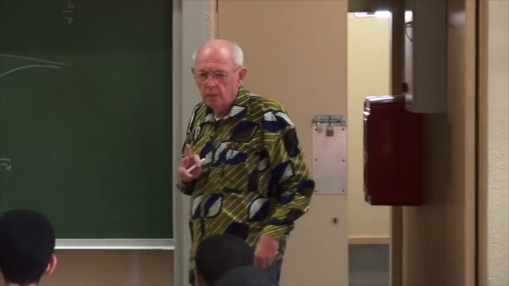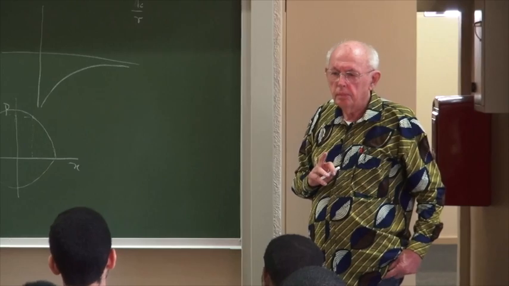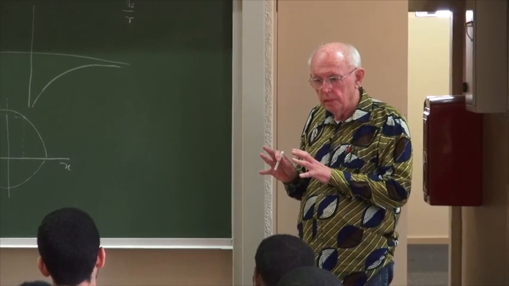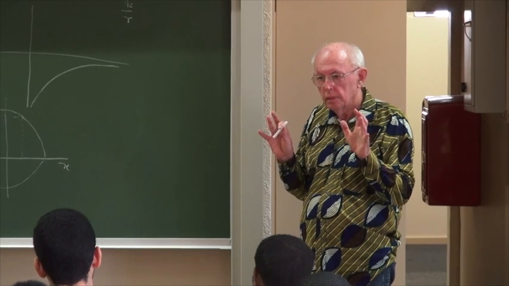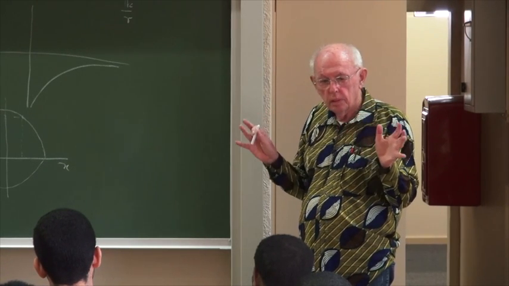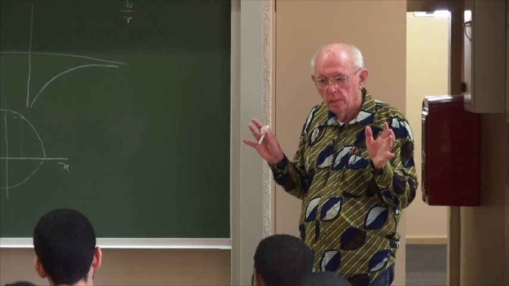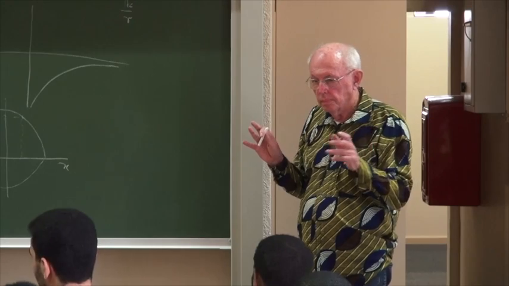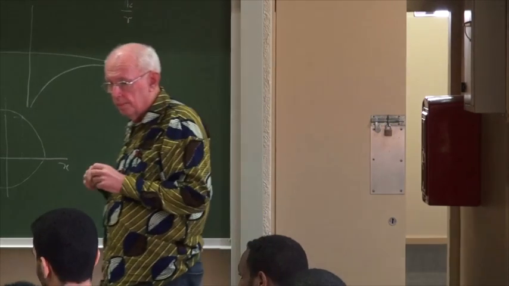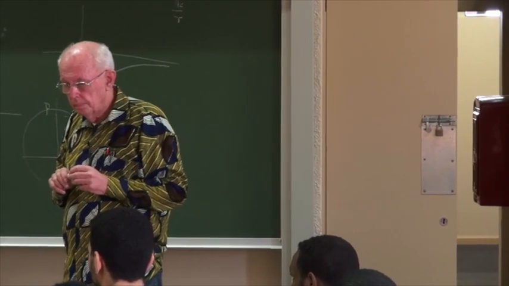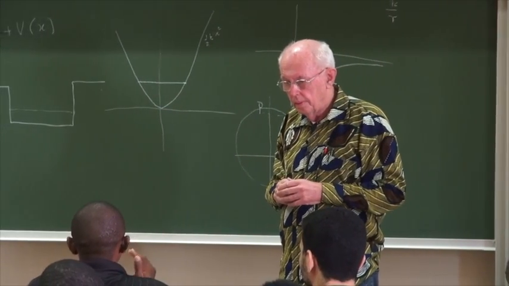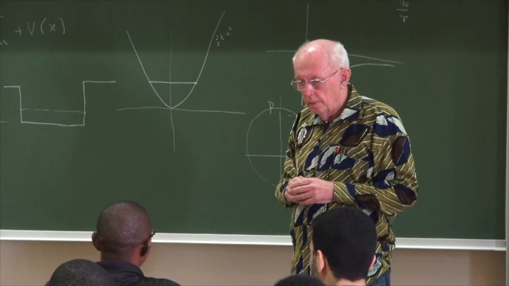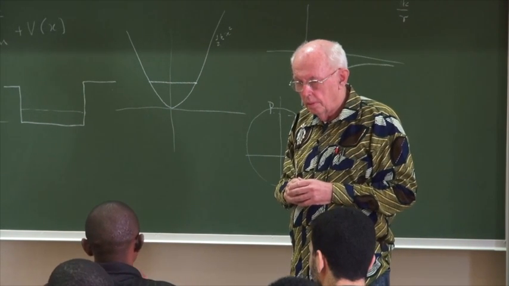Okay, so what then happened in quantum mechanics? We're starting with quantum mechanics. So what is the statement of quantum mechanics, which we discussed last time? We said that the motion of the particle is not deterministic as in classical mechanics.